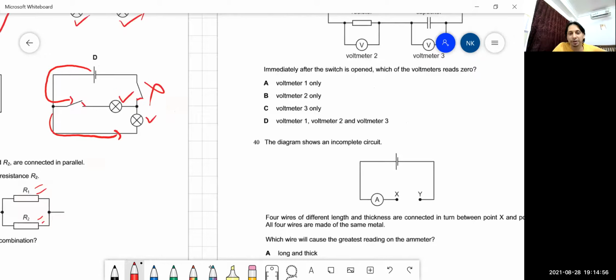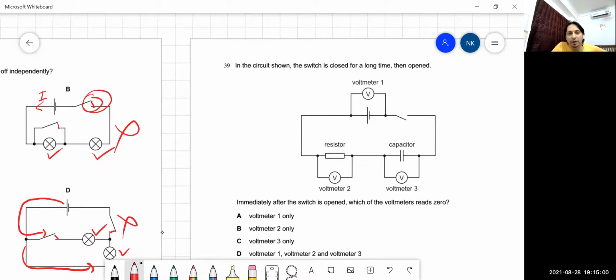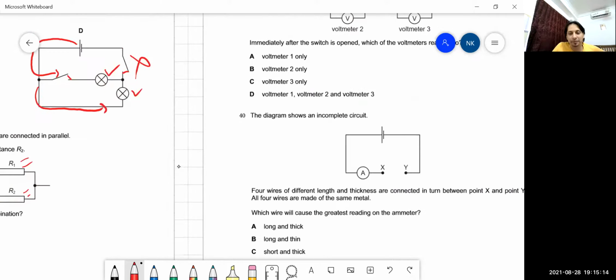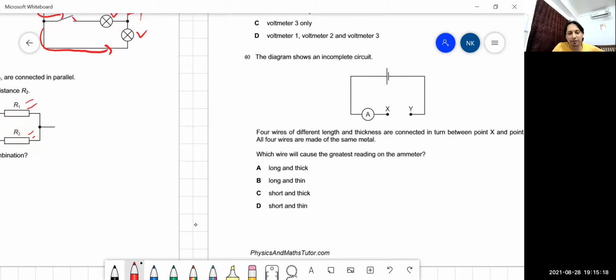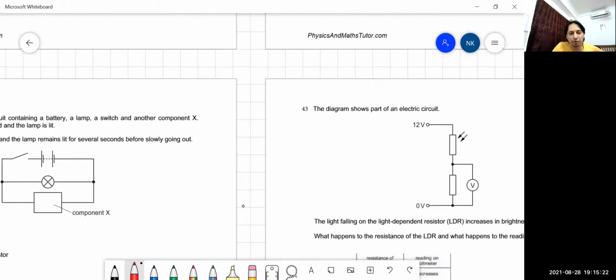Question number 39 is here. In the circuit shown, the switch is closed for a long time. Capacitor is there, children. Just skip this question. We are not doing this. Question number 40, thick wire, thin wire, already discussed in class, so I don't want to discuss this one here. This simple question, you write yourself.